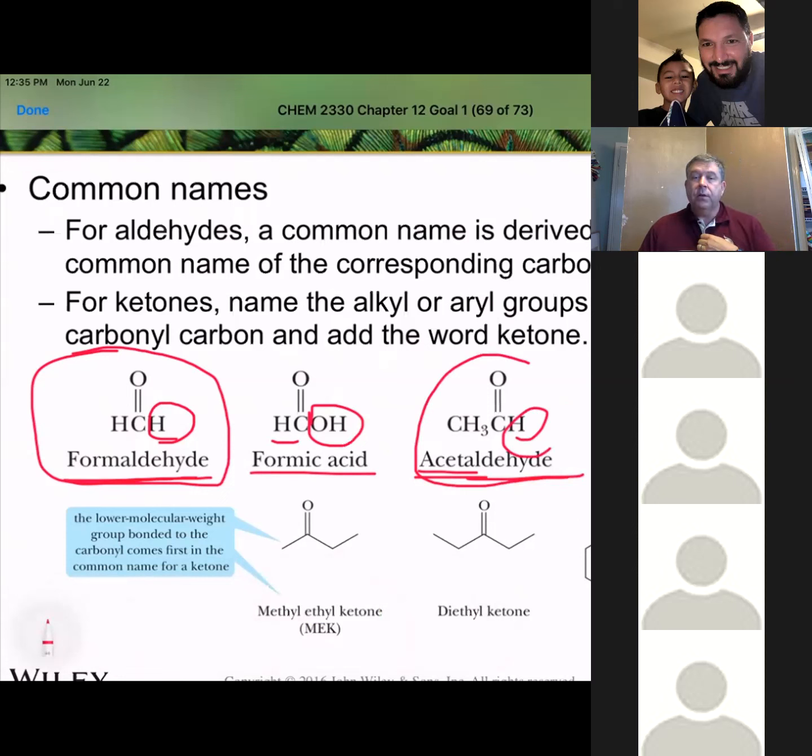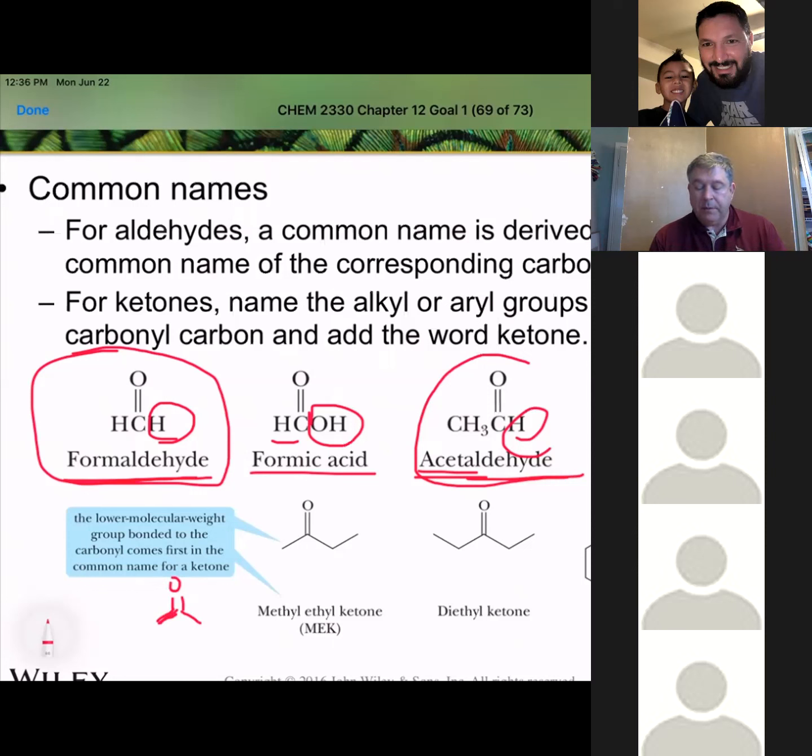Okay, so there are some names for ketones. The simplest common name for a ketone is acetone. It's a really good solvent. It's just got a methyl group on either side. And then the next common one used in manufacturing is what we call MEK, methyl ethyl ketone. So when you have common names, you typically name them for their alkyl groups.